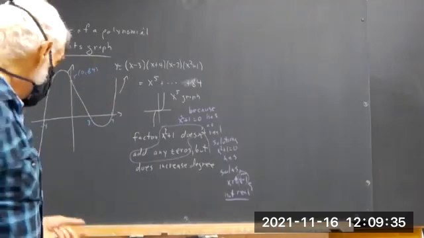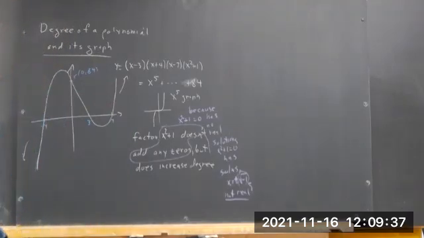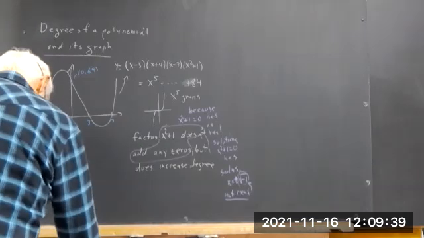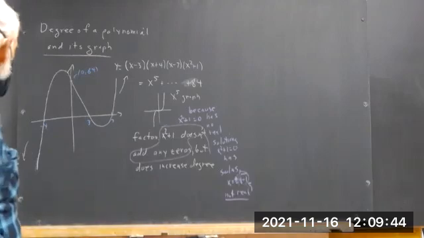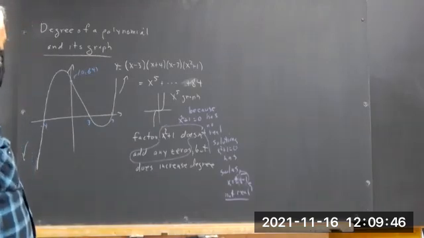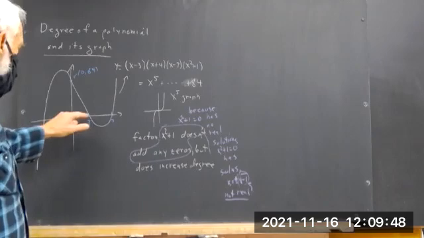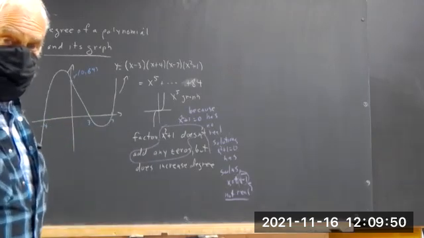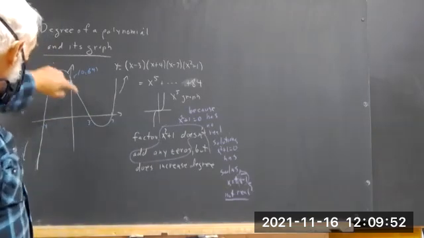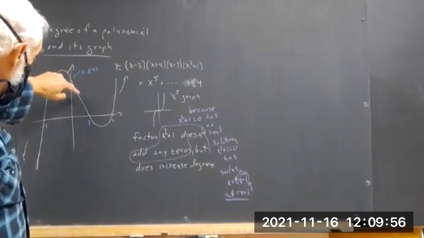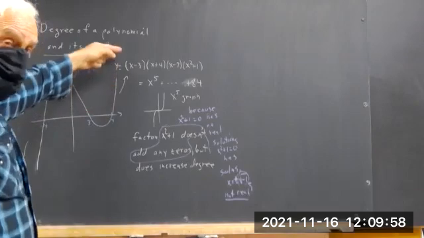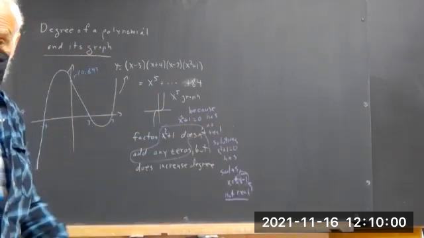Okay, well, the central idea here is that a degree 3 polynomial that goes through the x-axis at 3 different points is going to have to turn twice. It's got to turn once after going through the leftmost point to get to the next one, then turn back up to go through the third one.